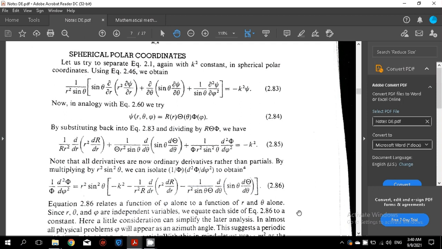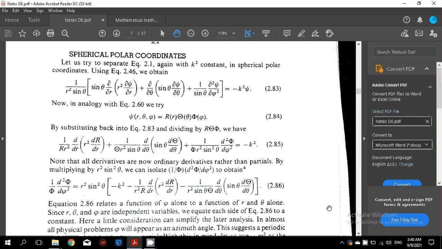Okay, so in the next step what we have done here is we have rearranged equation 2.85 into 2.86. You can easily follow these steps over here. So we have put the function of phi on one side and the function without phi on the other side.